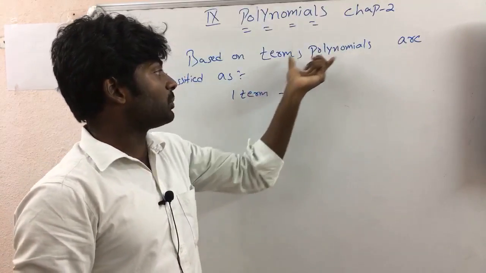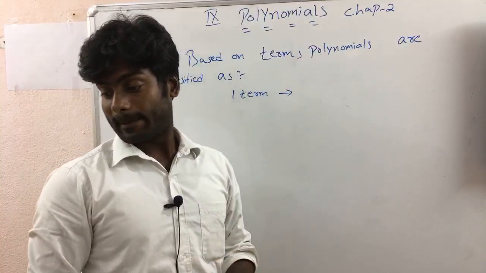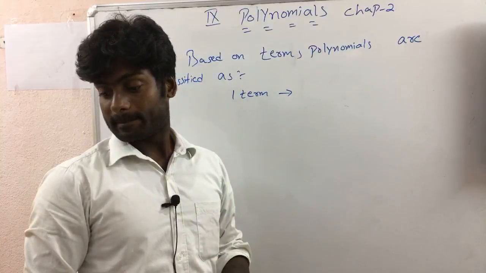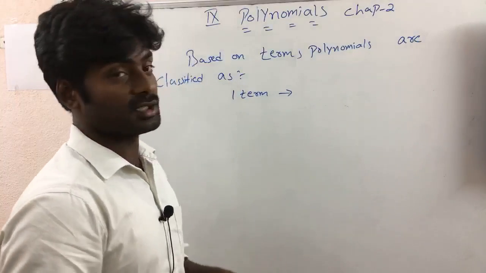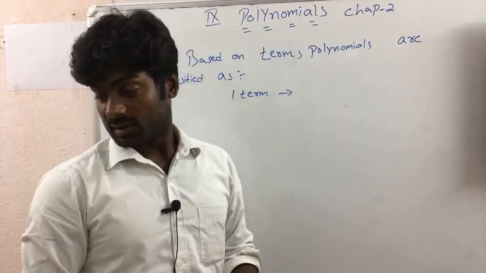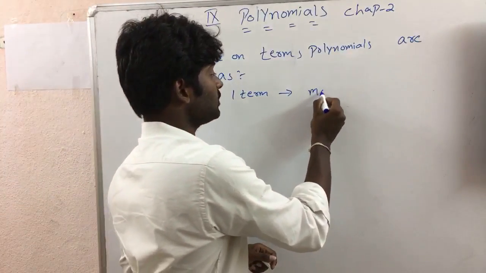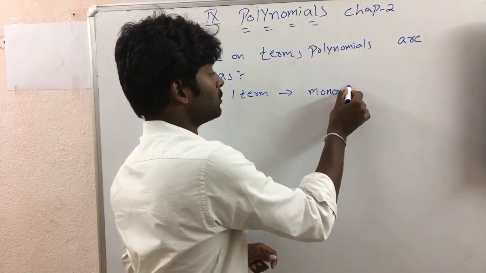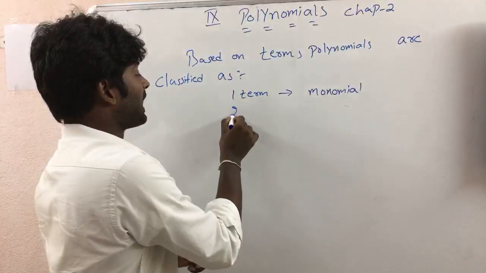If you have one term in the given polynomial, it is said to be, those who are watching can type the answer in the chat box. As Riddhi and Selvi said, very good. It is monomial.